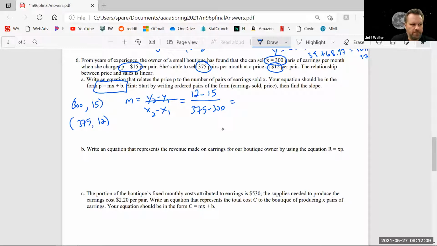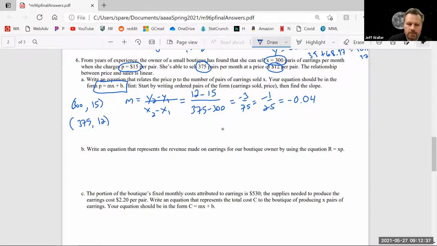What do you get? -3/75. Good, -3/75, which is -1/25, which is, just go ahead and divide that. What do you guys get for that? -0.04. Good.